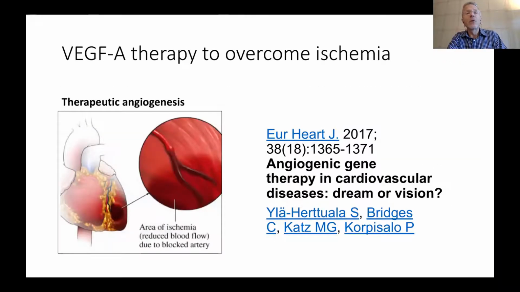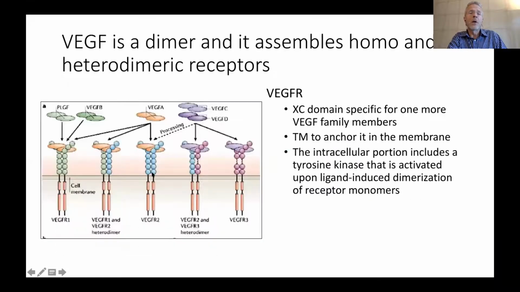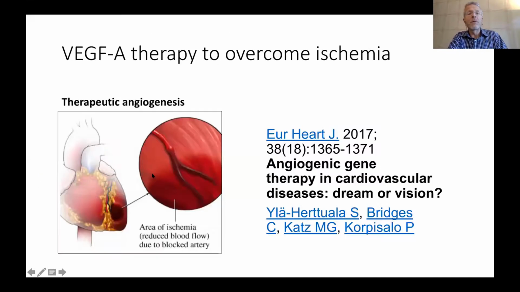And like we mentioned earlier, VEGF-A therapy is being considered as an approach to overcome ischemia. In heart disease, when there's ischemia, that's often caused because the blood vessels are blocked and the blood vessels downstream of that blockage die.